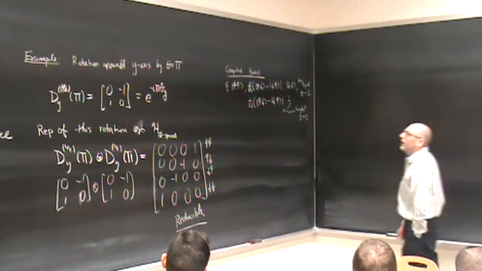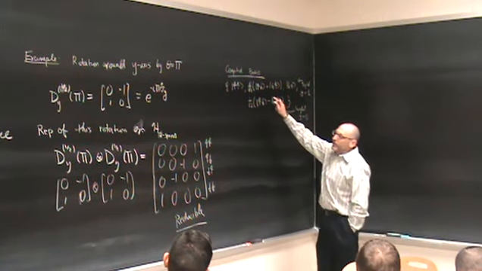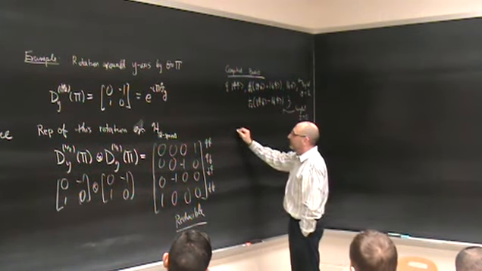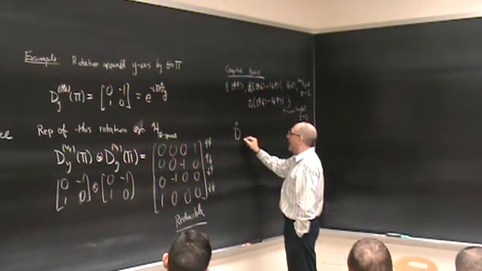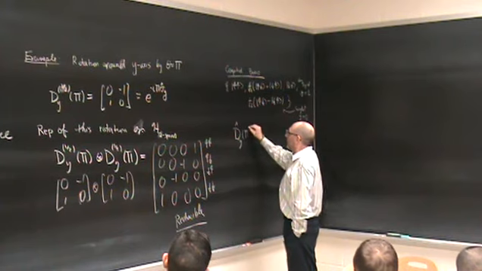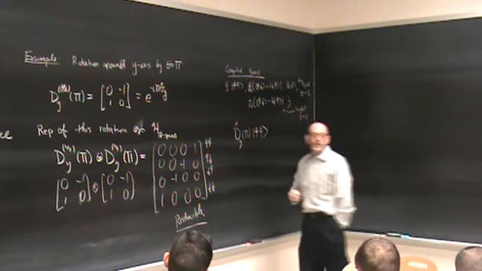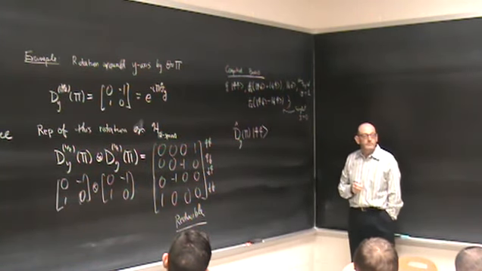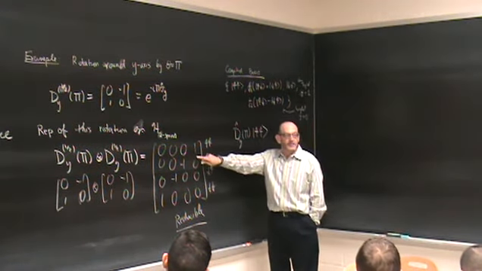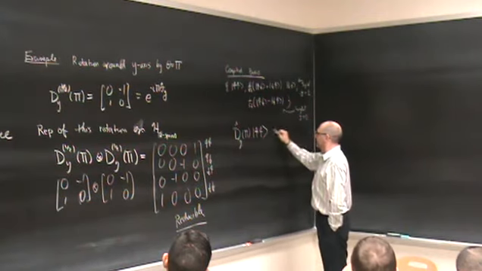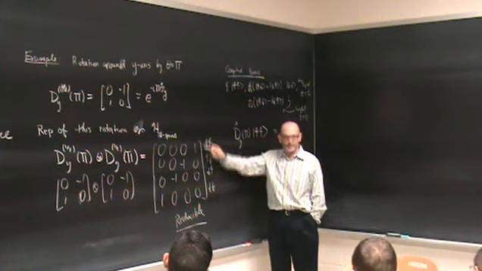So, we see here, if I look at this rotation operator, this is D on the total Hilbert space, acting on, say, the state up, up. Let's look at what that does. Well, it takes it to down, down. That's what this matrix does.